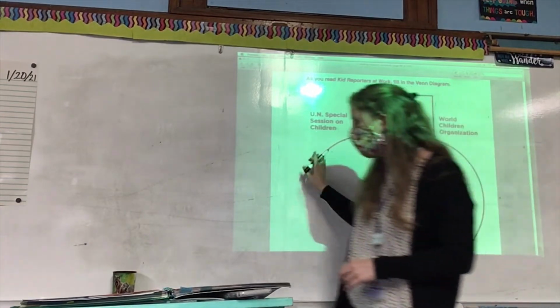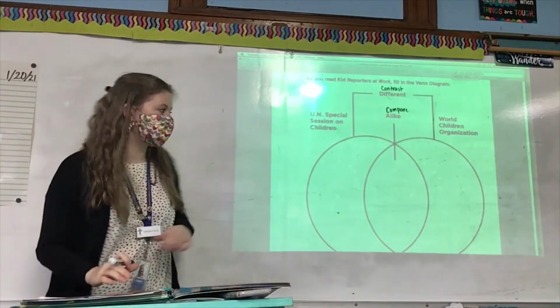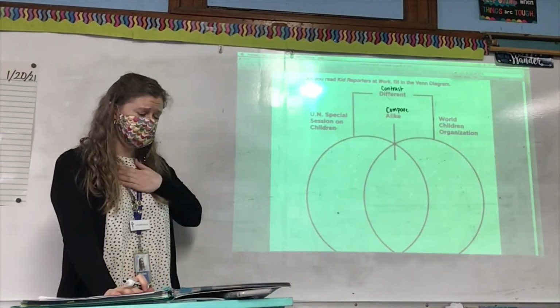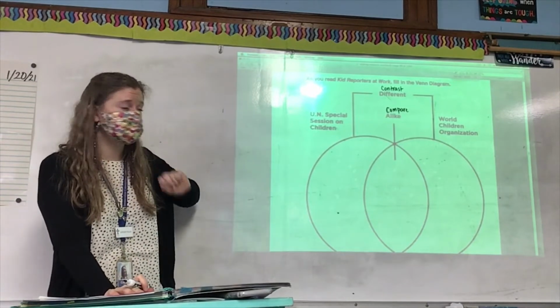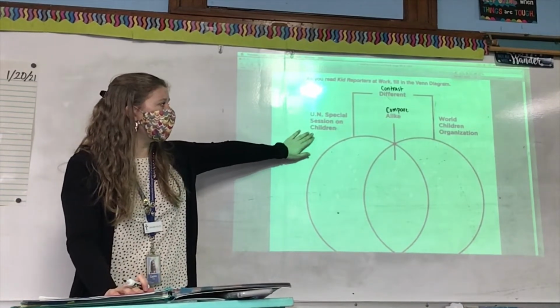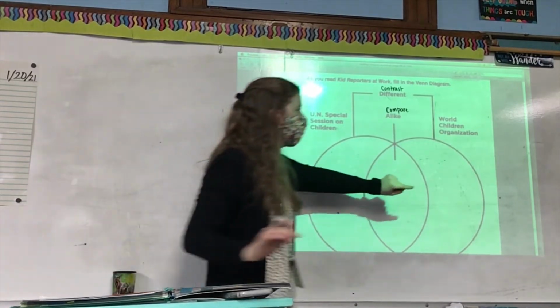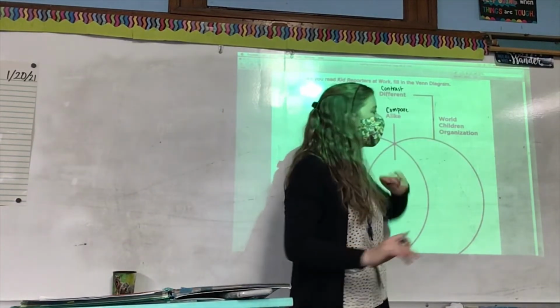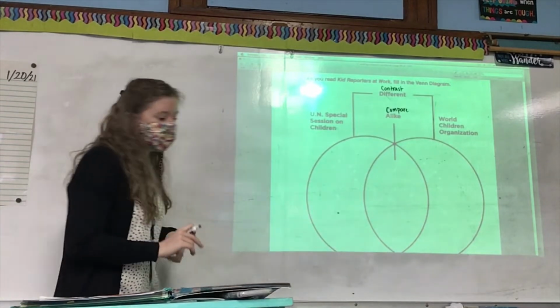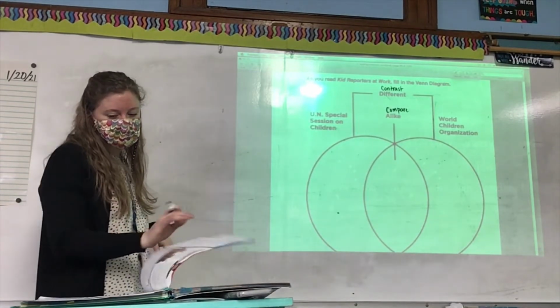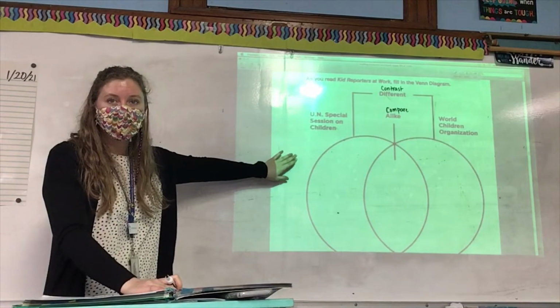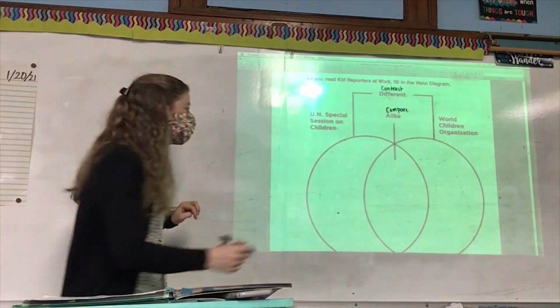So luckily our graphic organizer today already tells us what we're going to be comparing and contrasting. We're going to be comparing and contrasting the UN Special Session on Children to the World Children Organization. As we read, we're going to be answering these questions. We're going to be using this to answer these questions.